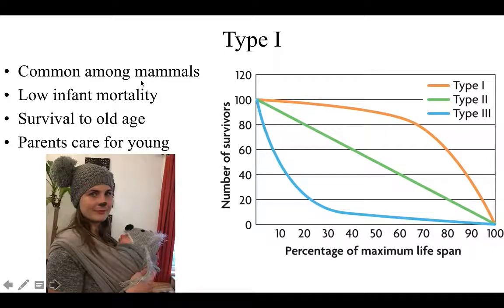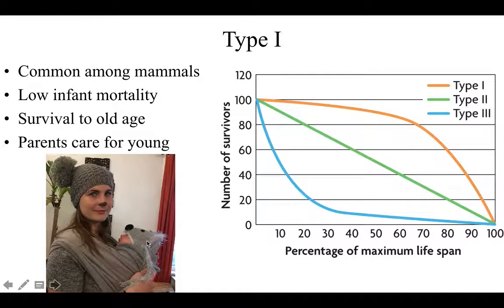Type 1 individuals have a low infant mortality. They survive to old age, and the parents tend to care for the young. An example would be humans in this category. There you can see me dressed up as a koala bear, of course, with my baby. I can tell you firsthand that little babies need a lot of parental care.